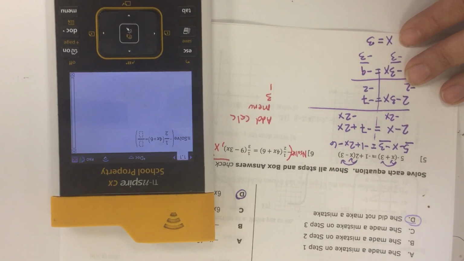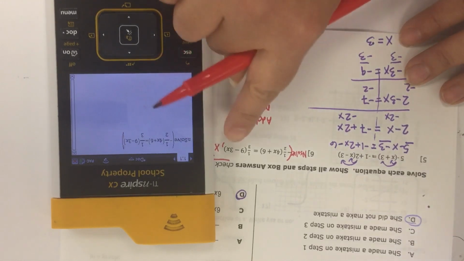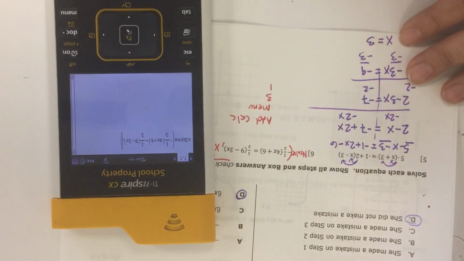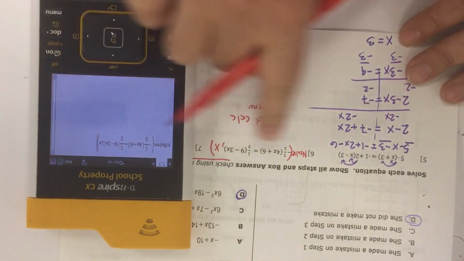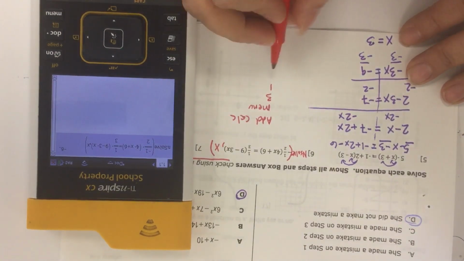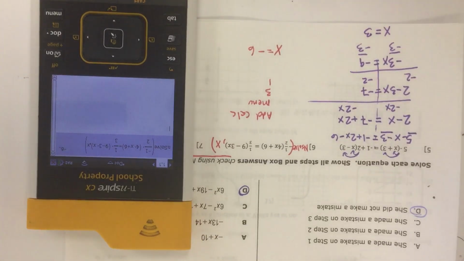Once again, control divide gives me my fraction. Open parenthesis, 9 minus 3x, close, and then I have to do comma x, and then I can close it off. So now it matches, enter, and I get my x has an answer of negative 6.